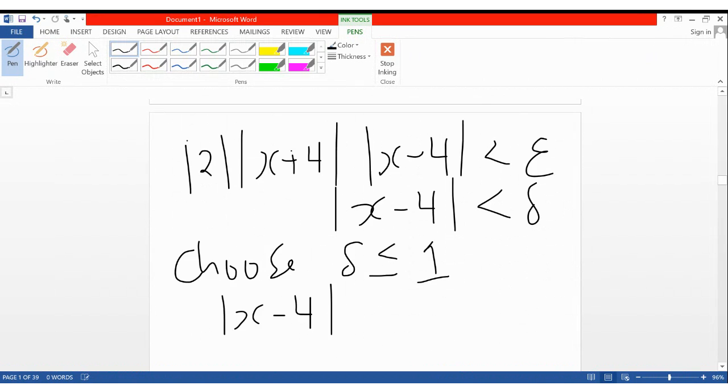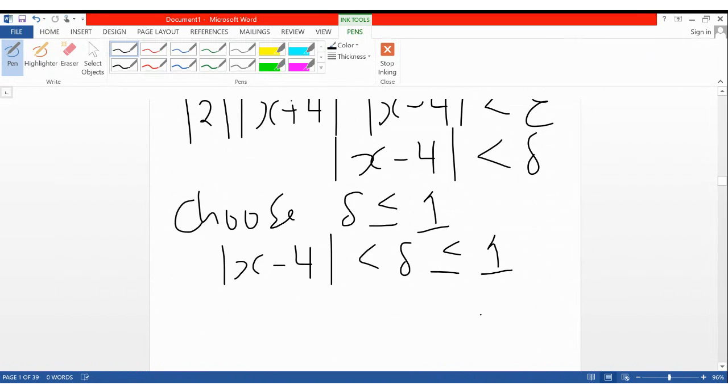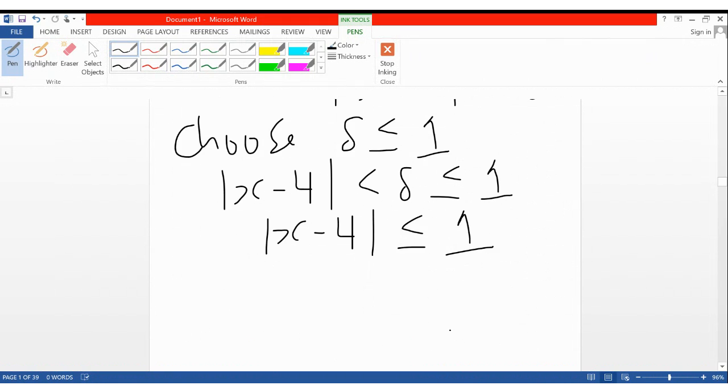To 1. So this means that the magnitude of x minus 4 has to be less than or equal to 1. I have shown you how to solve the other one. Solve the two inequalities quickly and give me the first value for x.